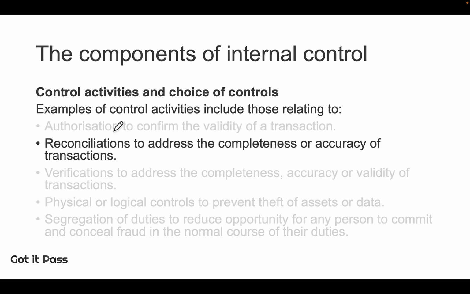And next, reconciliation. Reconciliation is to address the completeness and accuracy of transactions. An example is the bank reconciliation. The balance in the bank statement is not necessarily the same as the ledger balance.